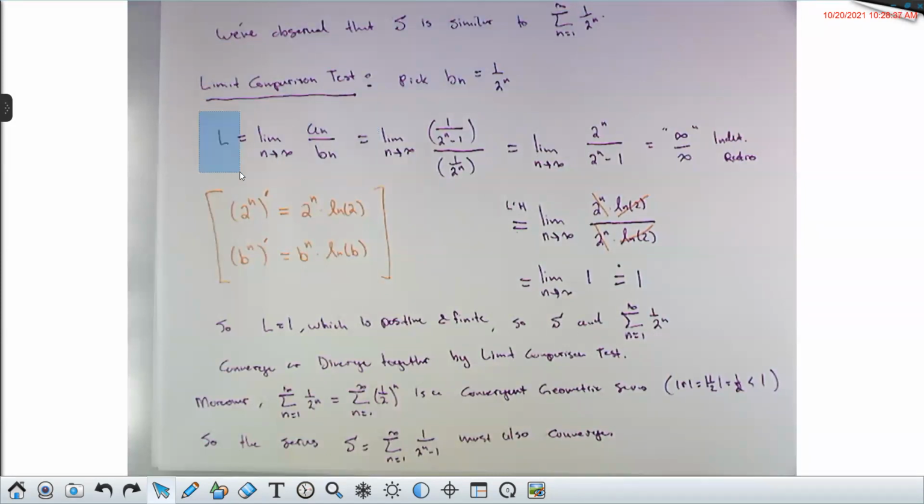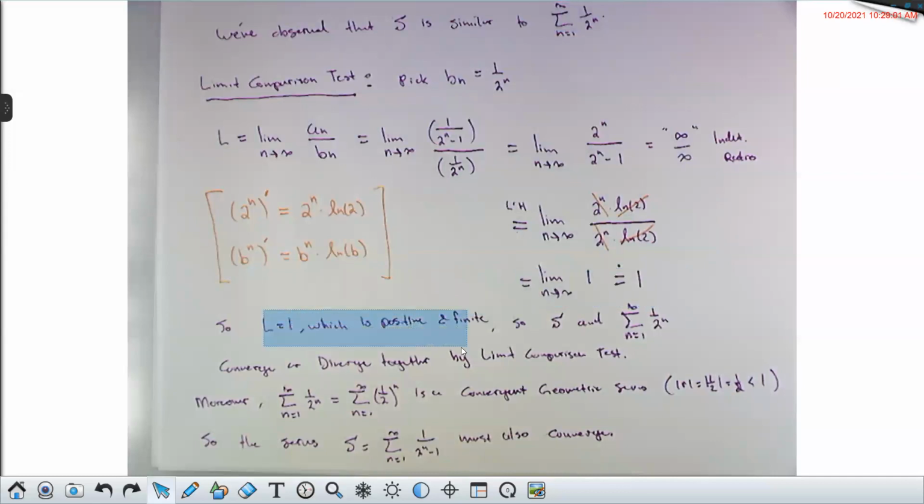We call that number L. If this number comes out positive and finite, meaning bigger than 0, and also less than infinity, then the two series do the same thing. Right? In our case, that limit came out to 1.